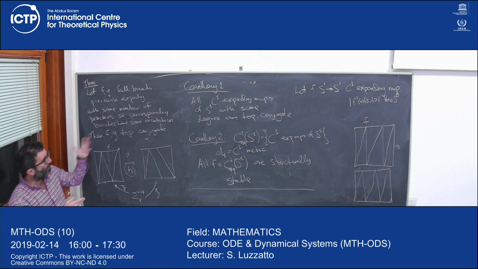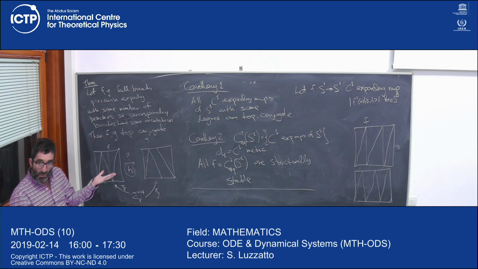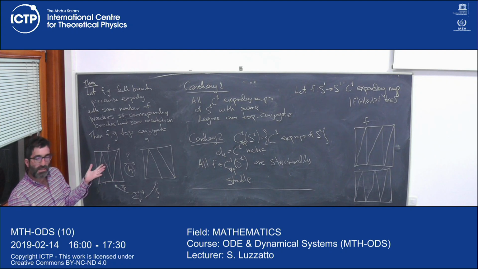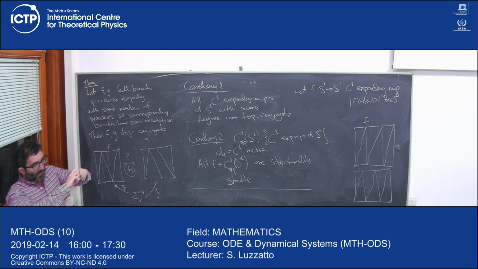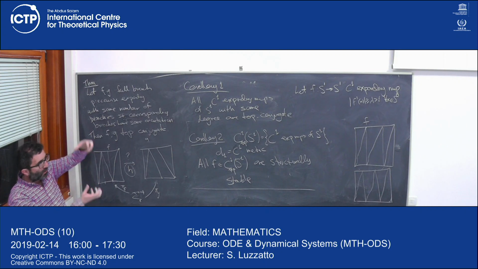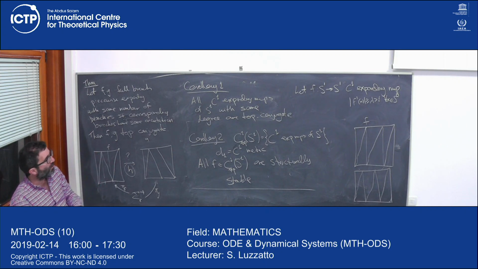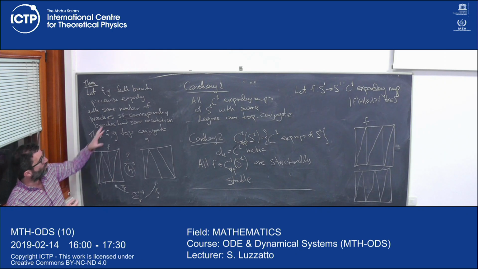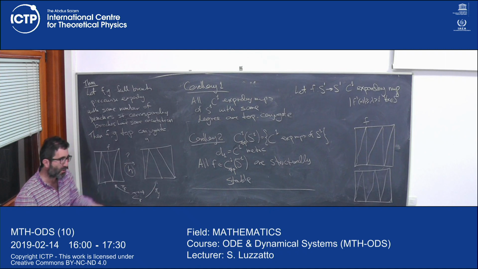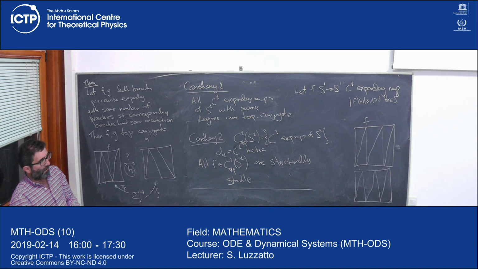So this symbolic dynamics is a technique that can be used in higher dimensional systems, systems that have this hyperbolicity that was being talked about at the seminar today, where you have some expansion in one direction and contraction in another direction. So there are many situations in which you can do this kind of coding, and you can use this coding to study structural stability and topological conjugacy class, okay?